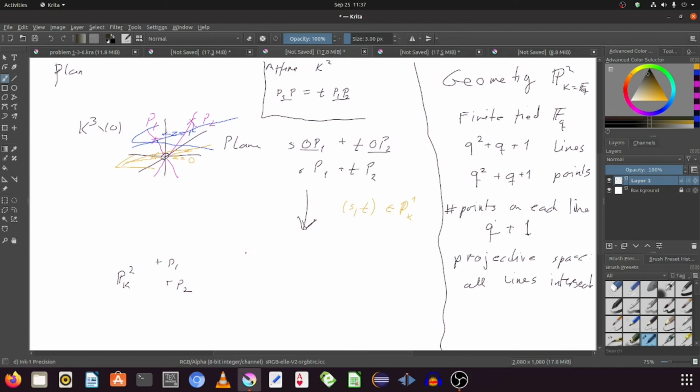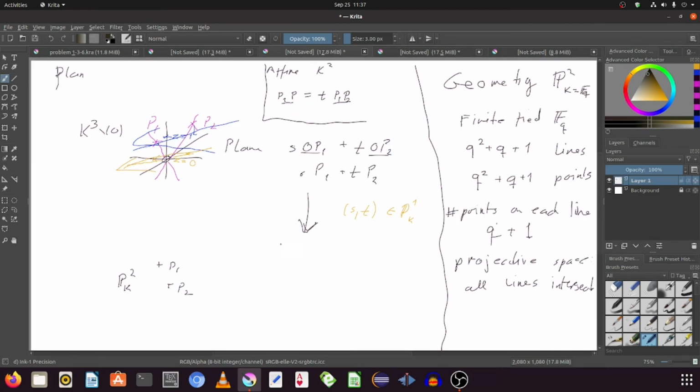So we have, let's have 2 points that are equal in the projective sense.